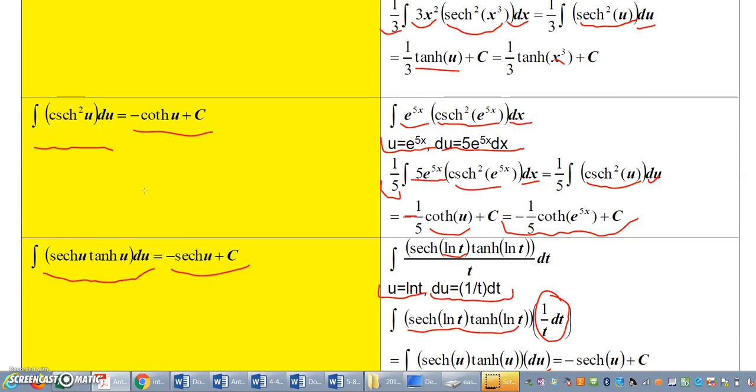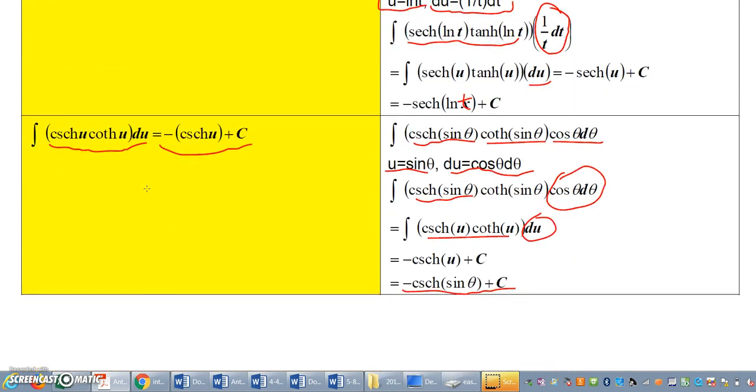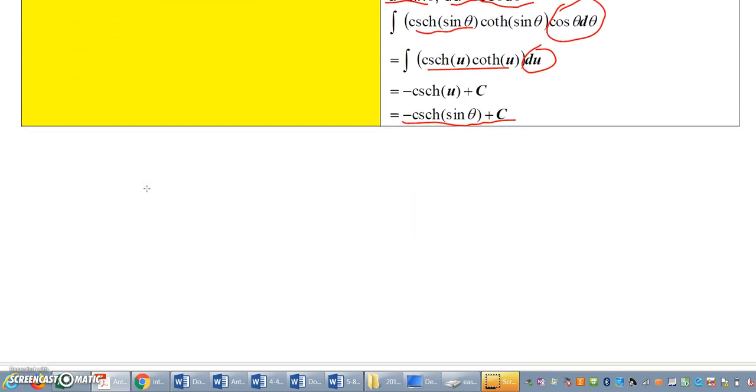But in case you're wondering, there are formulas for integrating the other hyperbolic functions if you want to look them up.